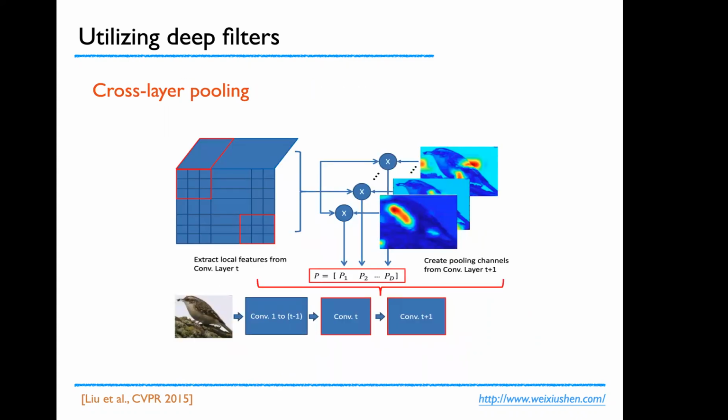And in 2015, Liu et al. developed a cross-layer pooling method by aggregating the part-level deep descriptors using the activations from two successive convolution layers as a guidance.